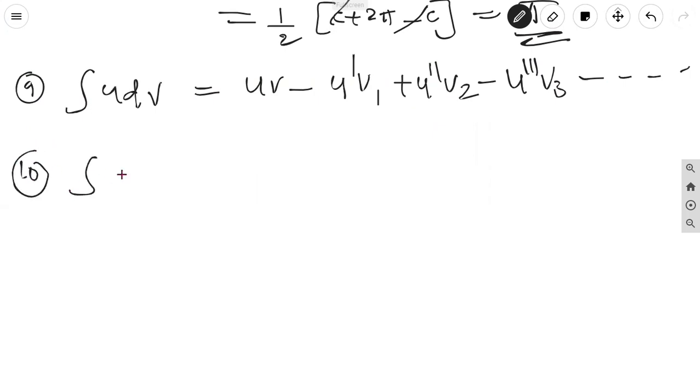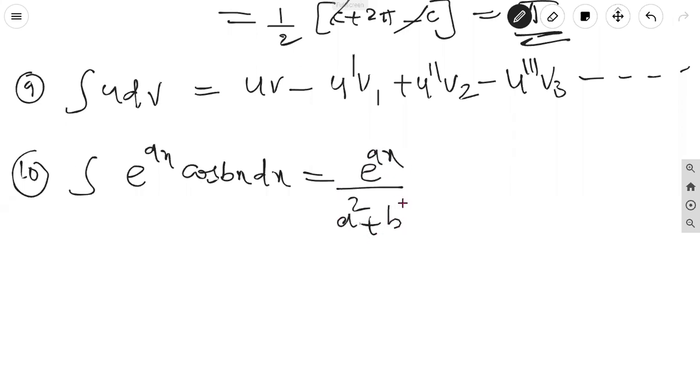10th one, integral e power ax cos bx dx. These are the basic formulas from the previous semesters. It is equal to e power ax by a square plus b square into a cos bx plus b sin bx.